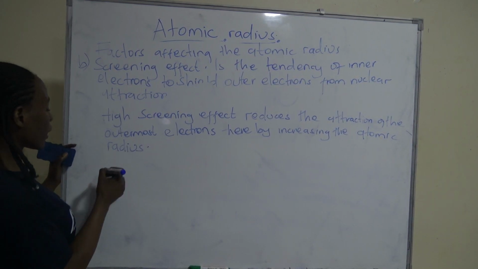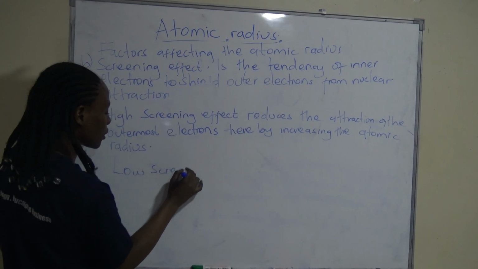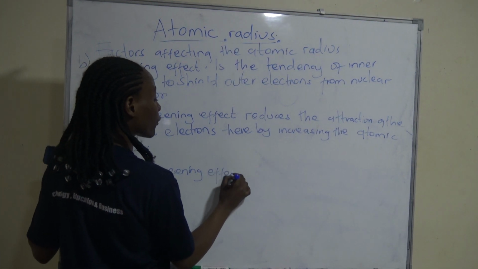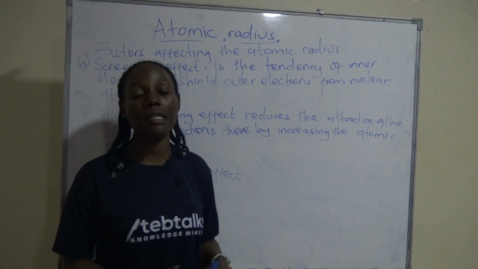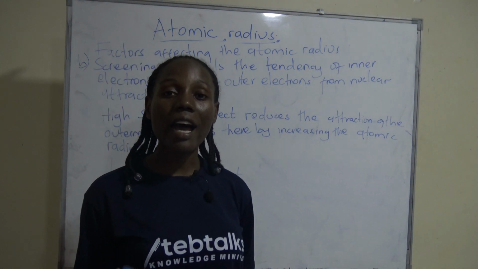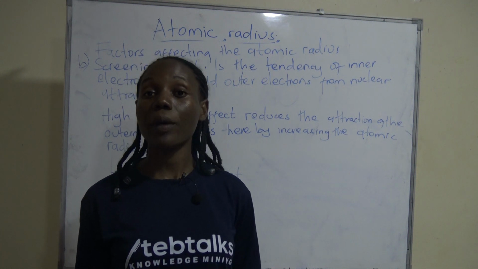So what would happen if there is low screening effect? That means that if there is low or no tendency of the electrons to shield the nuclear attraction from the outermost electrons, what would happen?